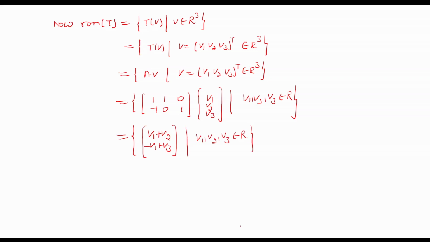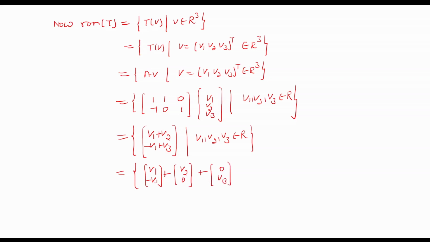Now can you find the dimension of the range of T? You have to find the basis now. If I write these vectors which constitute the range of T, I will write it as V1 times (1, minus 1) plus V2 times (1, 0) in the first component and 0 in the second, plus V3 times (0, 1).